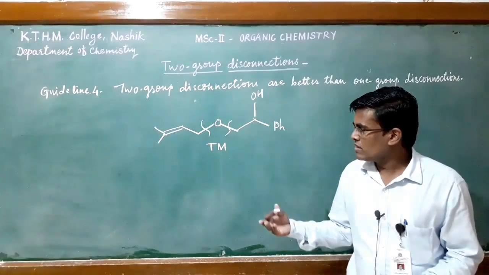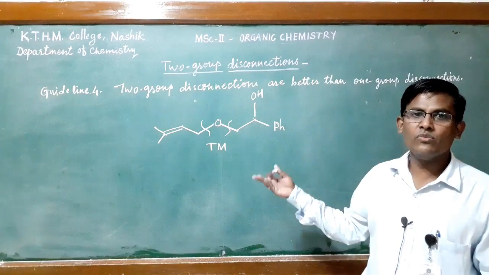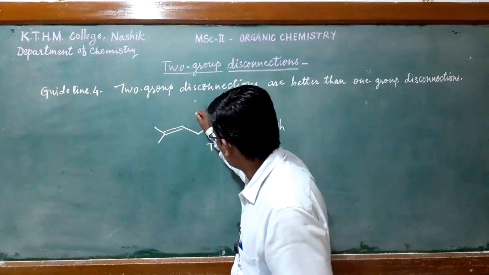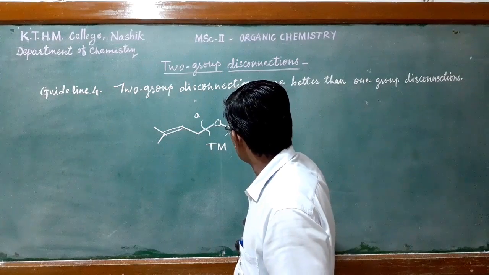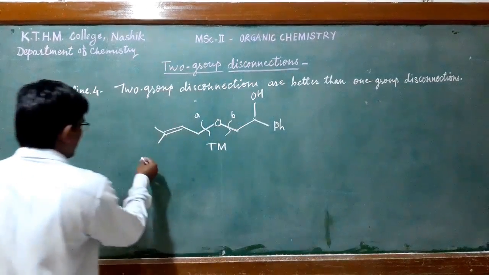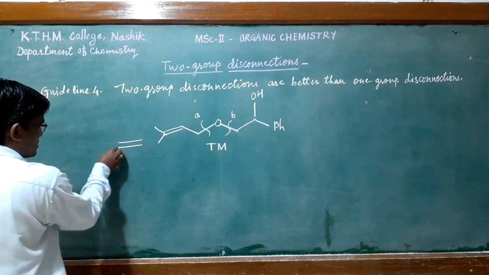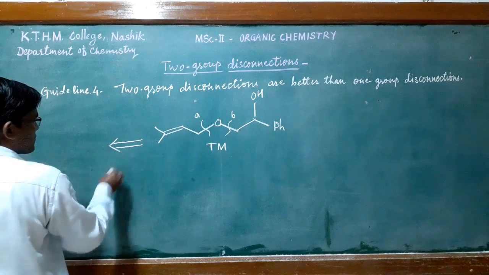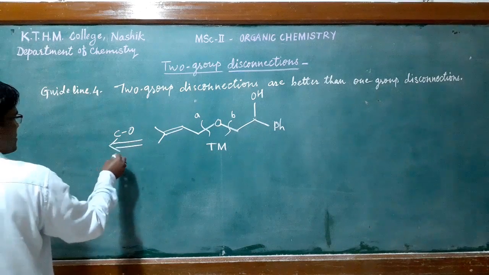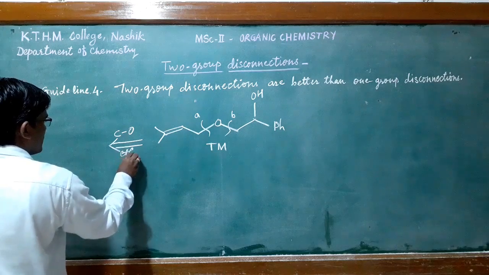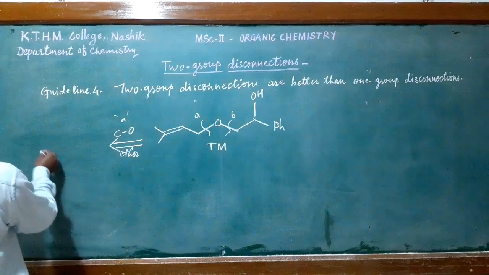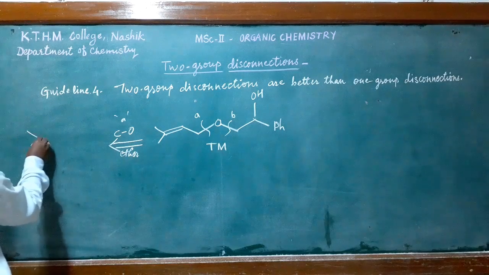That means there are two possibilities. Let's call one A cleavage and the other B. Let us see cleavage A first. Let us put the retrosynthetic arrow. This is the C-O ether disconnection, the A disconnection, and we get these two fragments.